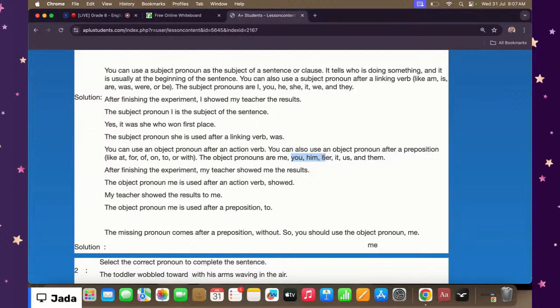It's like the total opposite of the subject pronouns. These are the object pronouns that you basically see in sentences. They cannot be avoided.